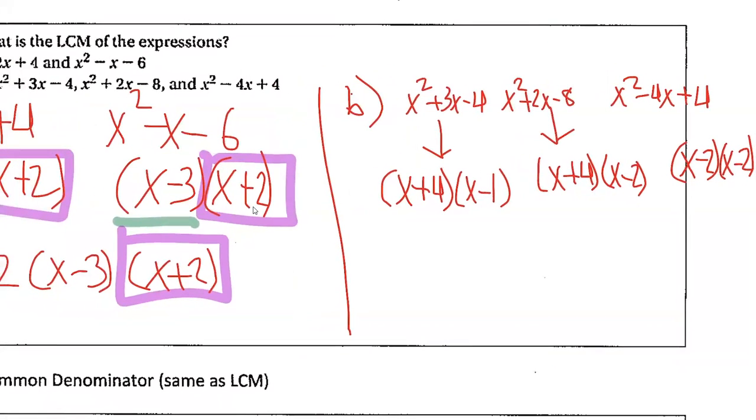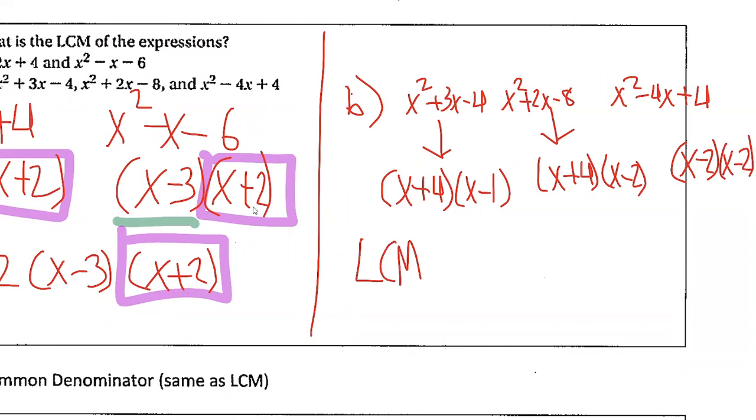So we want to see, first off, what do they have in common? Honestly, they don't have anything in common between all 3. Some of them have the same pieces, some of them don't. So when we write our least common multiple, which will end up being our common denominator in later problems, we have to include everything we have amongst these three pieces.